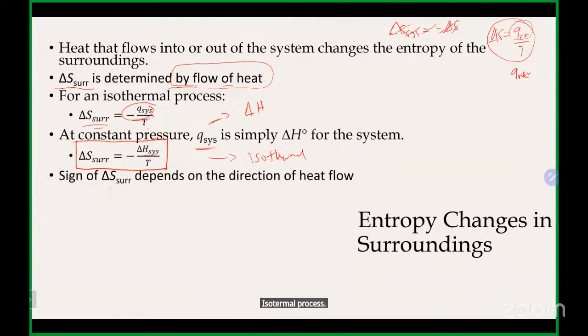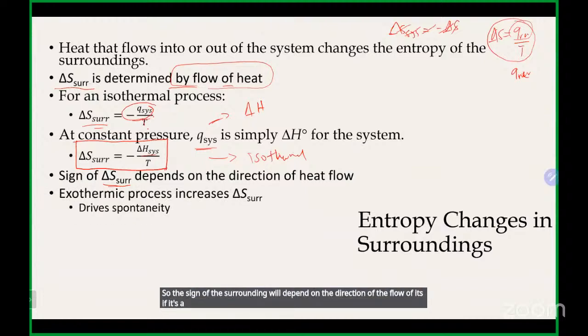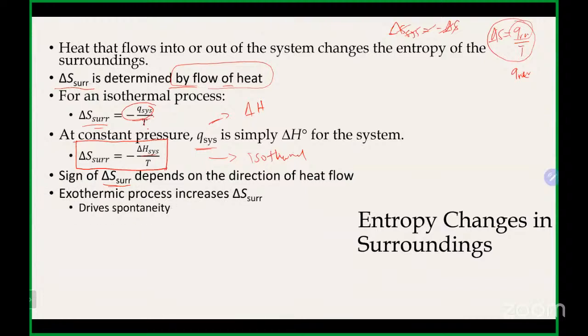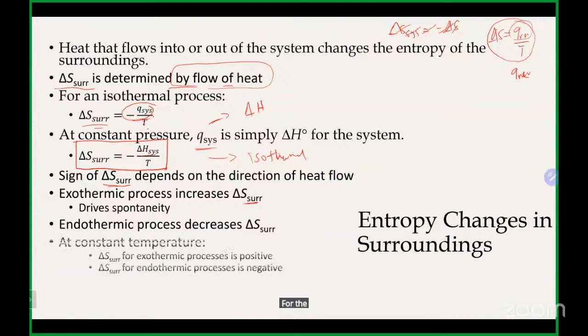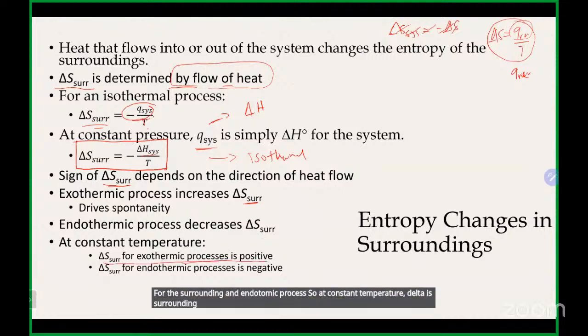So the sign of delta S for the surrounding will depend on the direction of the flow of heat. If it's an exothermic process, delta S will be positive for the surrounding.